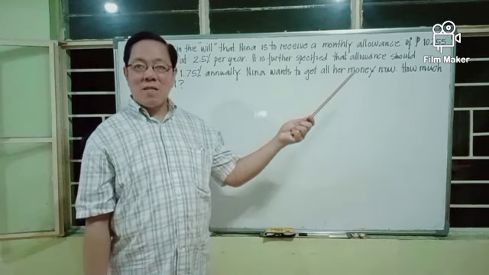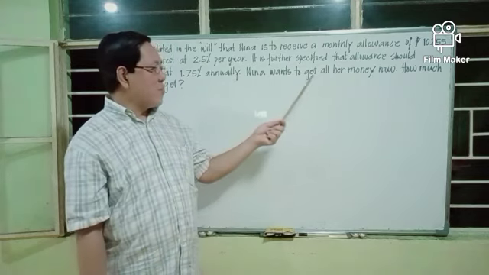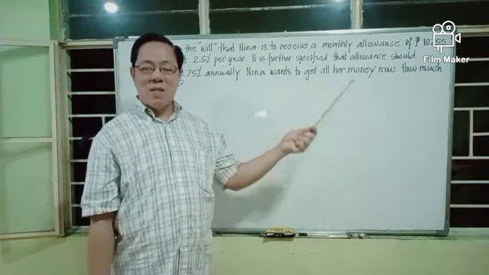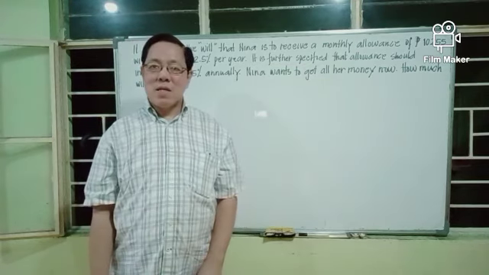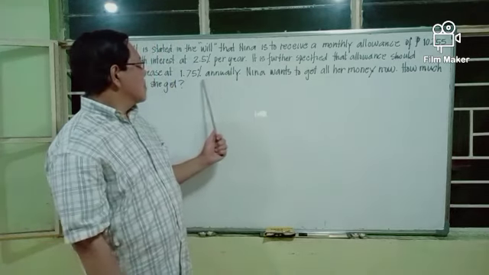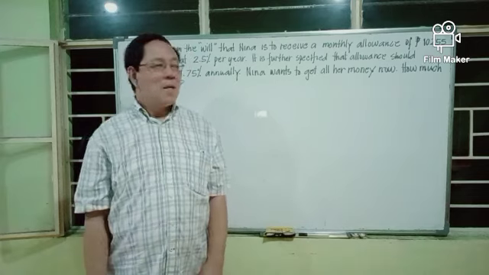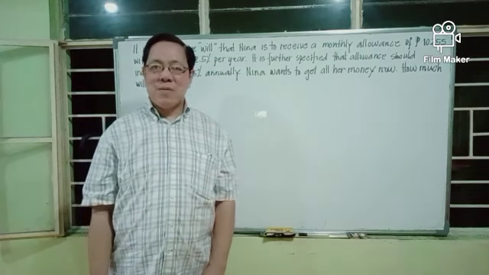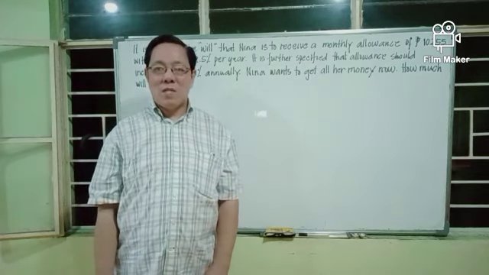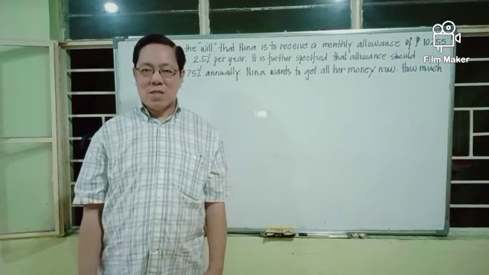We take this as an annual allowance because it is further specified in the will that the allowance should increase by 1.75% annually. So 10,255 must be an annual allowance.